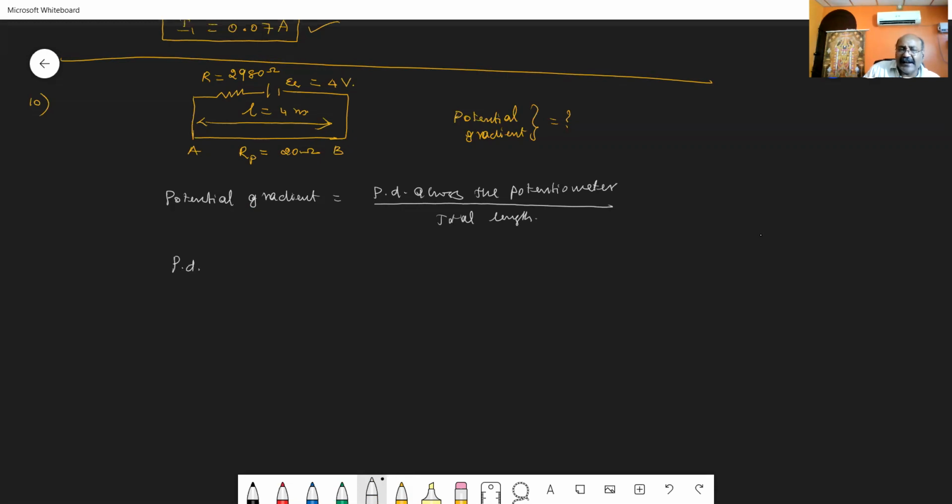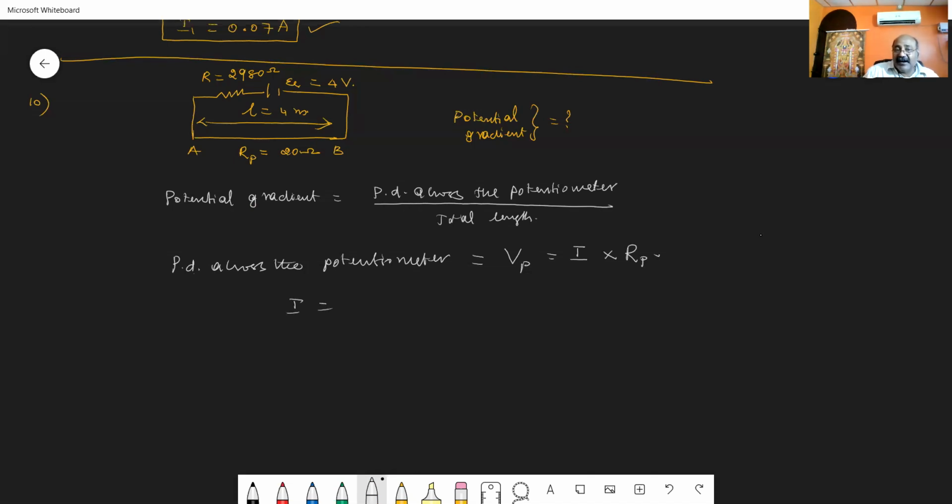First of all, I have to calculate what is the potential difference across the potentiometer. Let us take it as Vp. Potential difference across the potentiometer is nothing but the current through the potentiometer wire from the primary circuit multiplied with the resistance of the potentiometer. See, what is the current then?